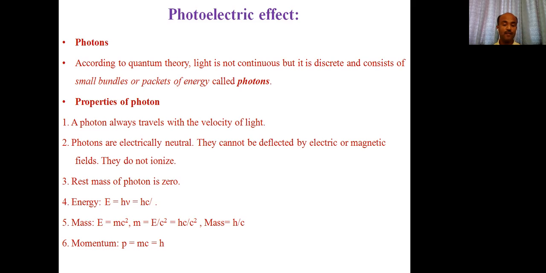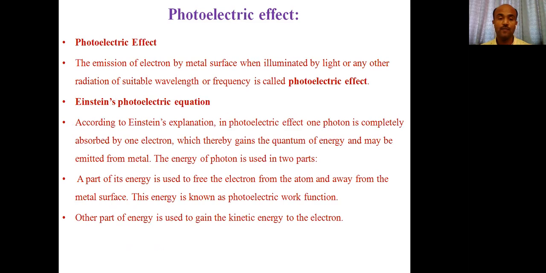We can modify the equation for mass: m is equal to E upon c square, or by putting the value hc upon lambda, we can write m equal to h upon c into lambda. And in terms of momentum, p is equal to m into c, and by putting this value, we can modify it for momentum also.